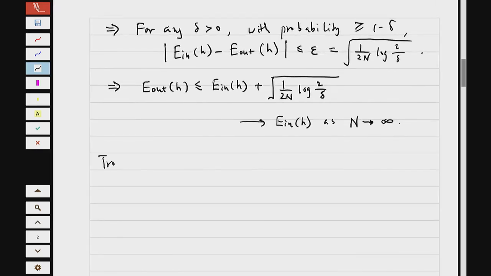So the trouble is that our analysis above is for an IID Zn sequence.